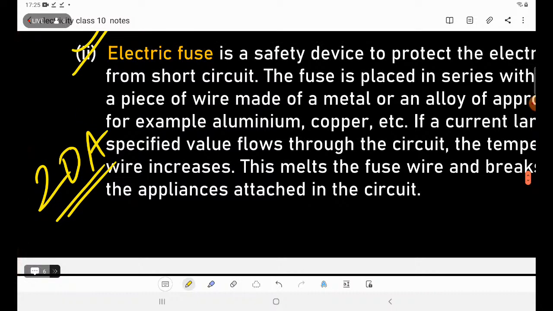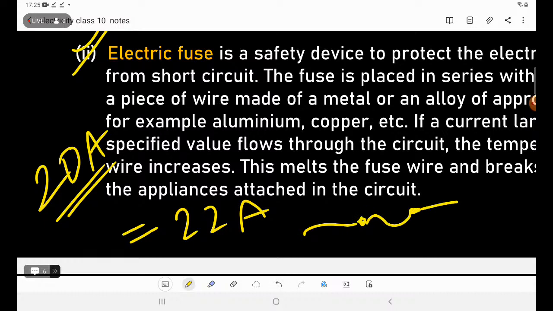So when we need only 20 ampere, but suddenly there is a 22 ampere flow, and this flows through this fuse, a lot of heat is dissipated. This heat will melt the fuse, leading to no electric supply, a breakage, an open circuit.